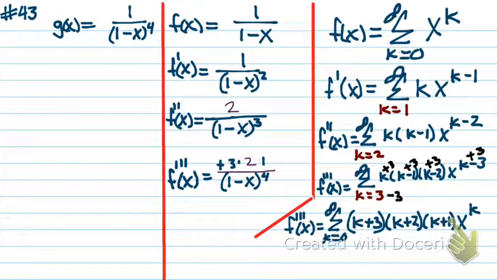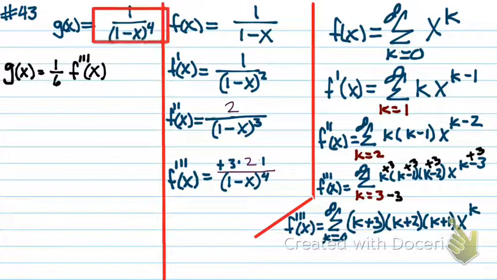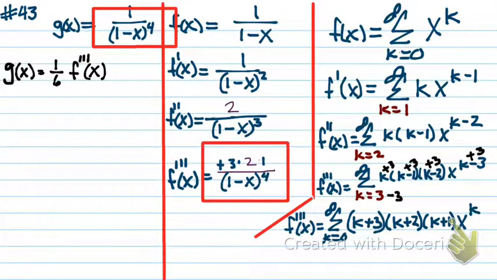Okay, so now I'm looking for my relationship. We see this is going to be 1/6 of the third derivative of f. Why? Because how am I going to make this equal to that?